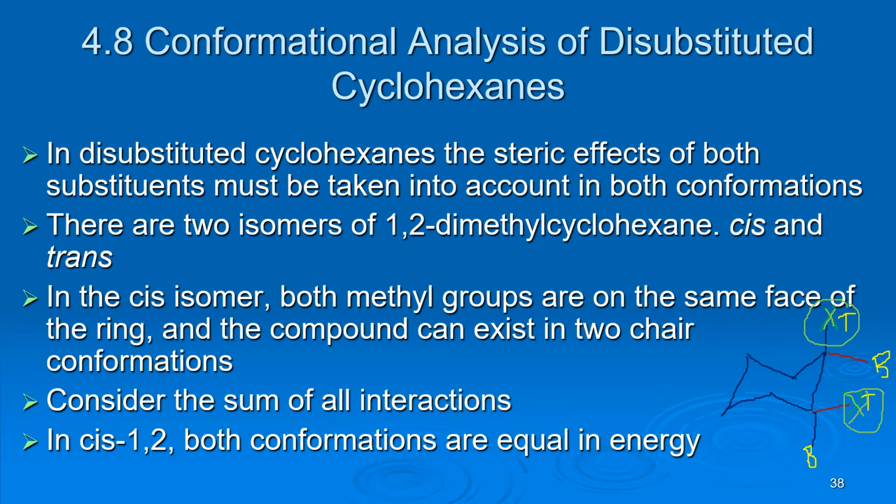What happens if you ring flip this? If you ring flip this, this one will become equatorial and this one will become axial. So there'll still be one of each, one equatorial, one axial.